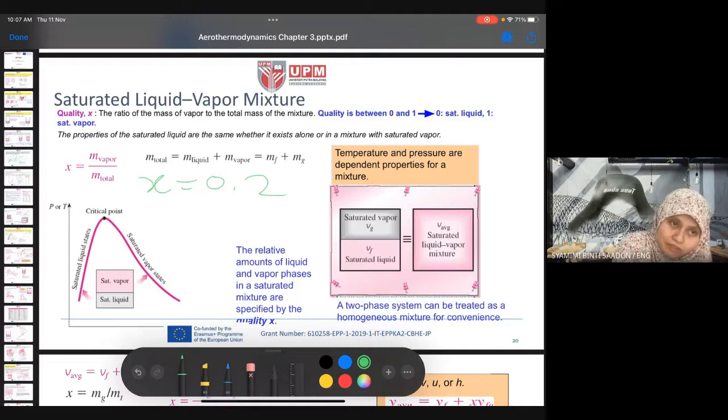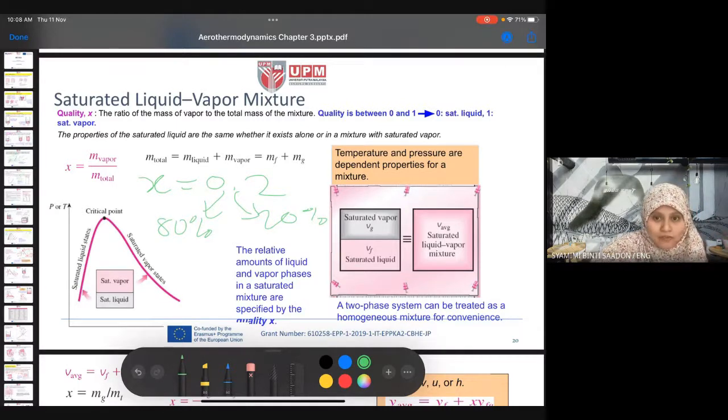When X is 0.2, it is closer to 0, so we can imagine the vaporization process has just started. In the mixture there is only 20% vapor, and the remaining 80% is still in liquid phase.